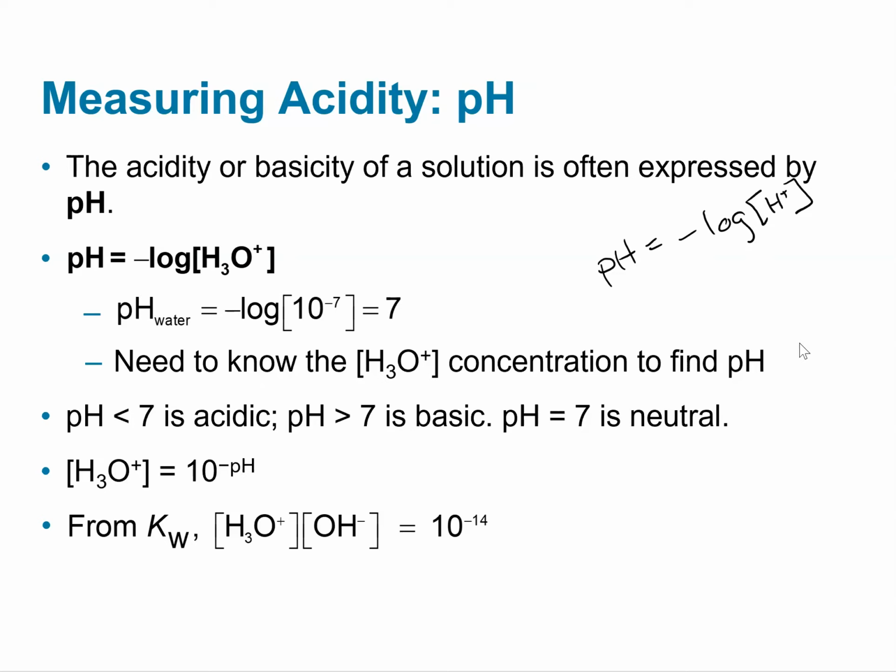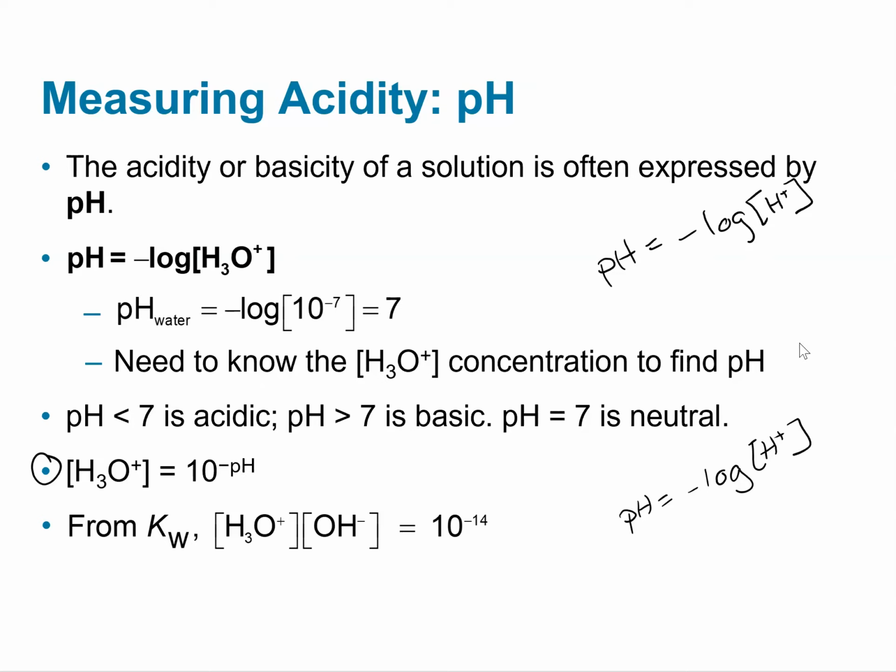A couple tips. The second to last bullet here is just a solution for pH. So if you have pH and you want to know what the concentration of protons in solution is, if you have pH equals negative log the concentration of protons, and you want to solve for the concentration of protons, you need to raise both sides to an exponent.